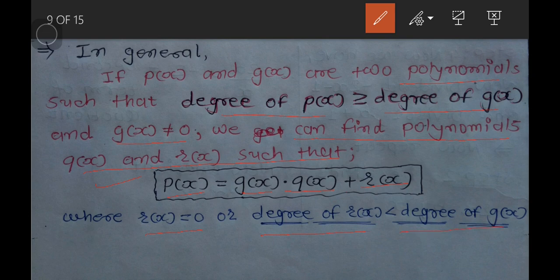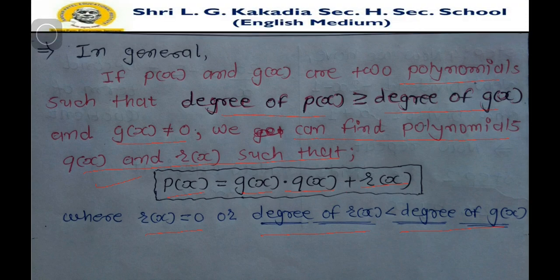That is, the degree of the remainder is less than the degree of the divisor. Then we stop our division procedure. So that is our division rule.